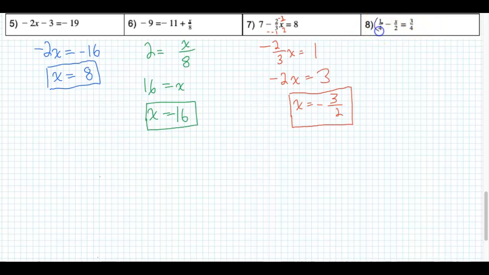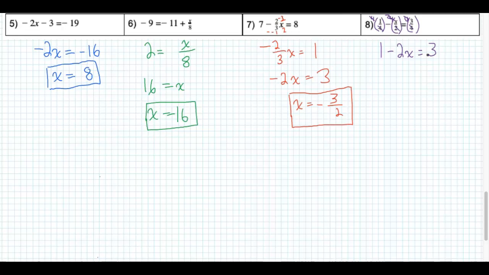So I'm going to multiply everything on the left side by 4 and the right side by 4. What am I going to do? I'm going to cancel that division. So then I'll have 1. 4 divided by 2 is 2. So minus 2 times x, that's 2x. 4 divided by 4, that cancels that out. That's just 1, so it's equal to 3.